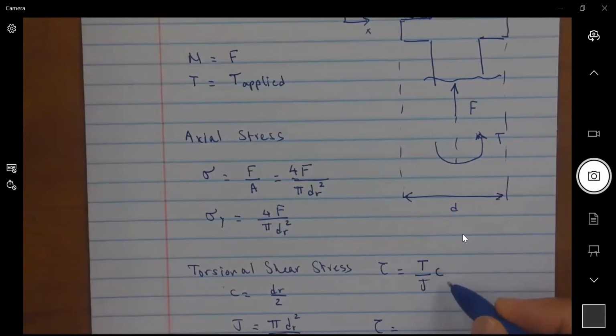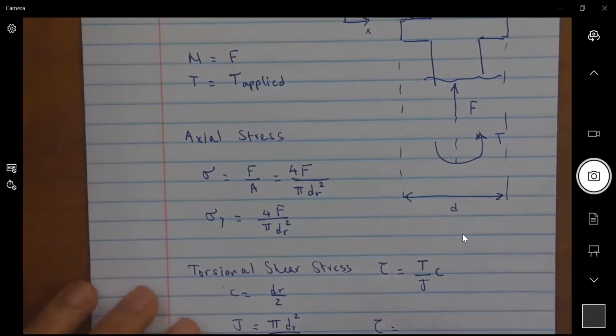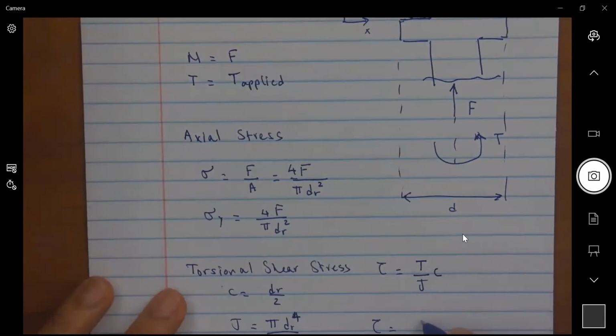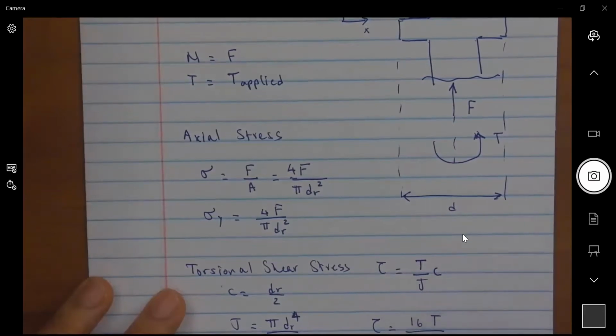And here I have dr squared. I'm sorry, this is dr to the power 4. Sorry for that. So I have 16T divided by pi dr cubed.